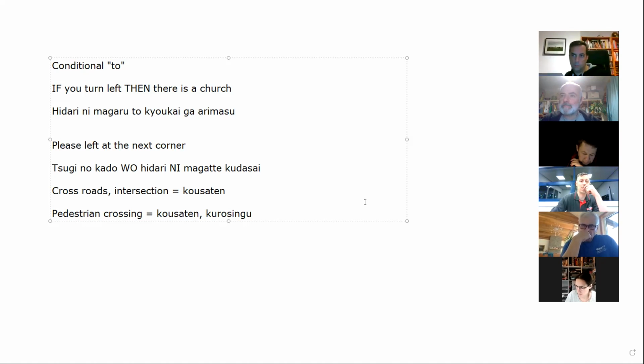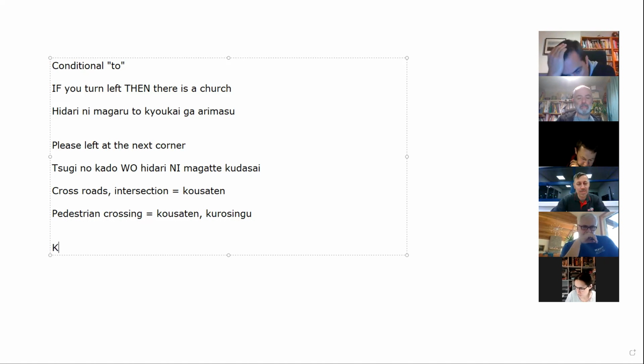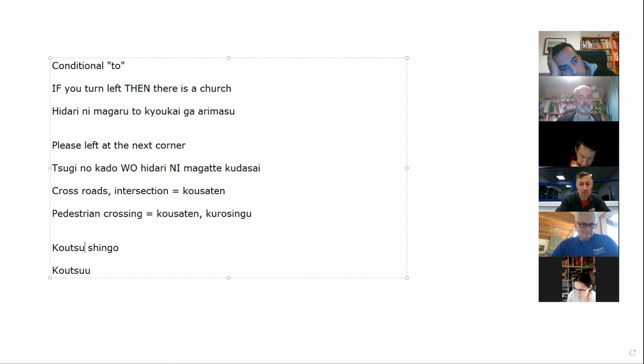Any questions, guys? What was traffic light again? Ah, yeah, good. Yes, the full word is kotsu shingo. Kotsu means traffic, and shingo means signal.